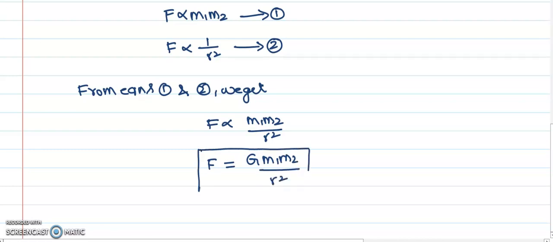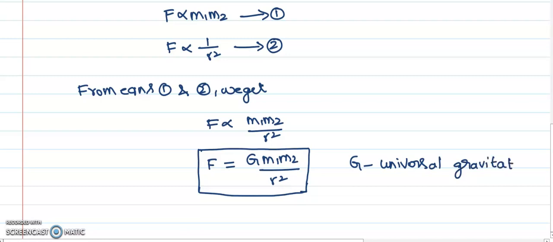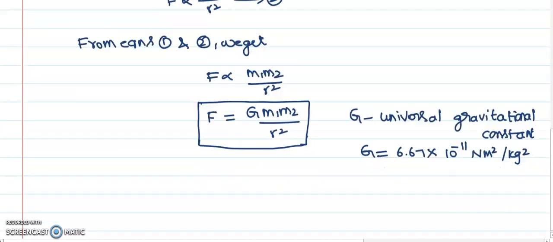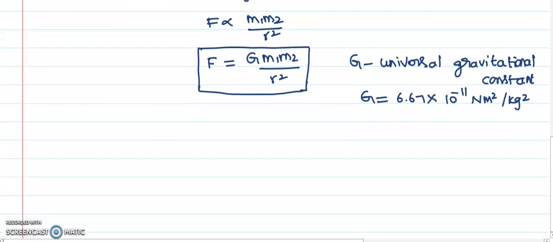This is the formula for the universal law of gravitation. Here G is the universal gravitational constant, and the G value is 6.67 into 10 power minus 11 Newton meter square per kg square.